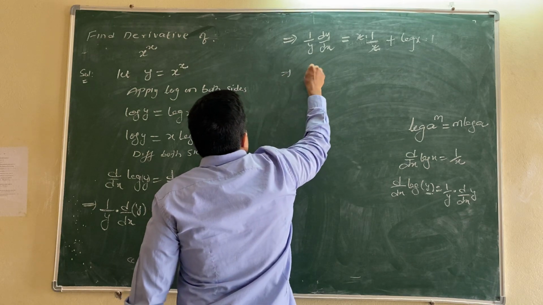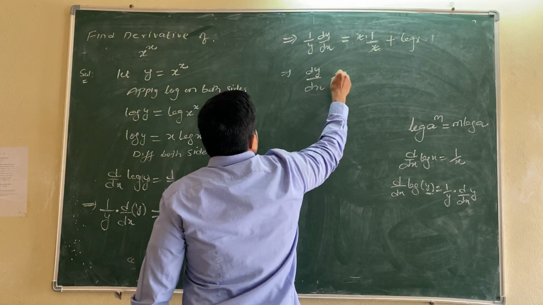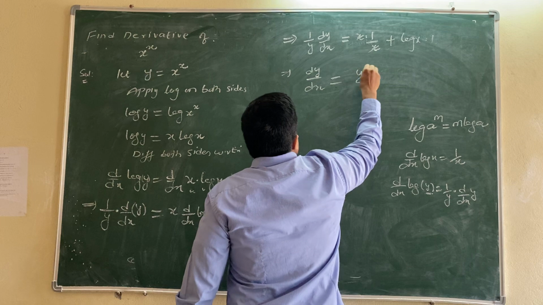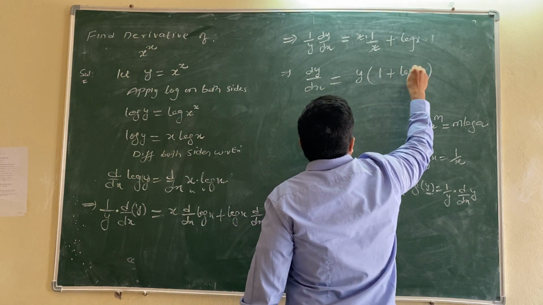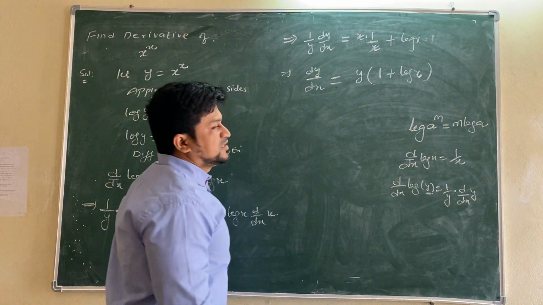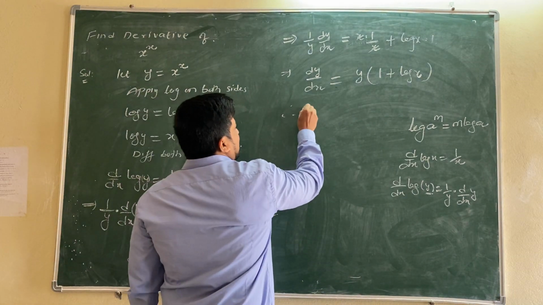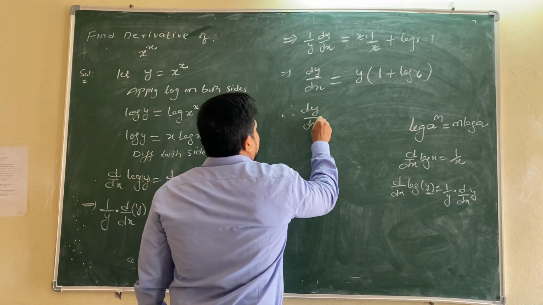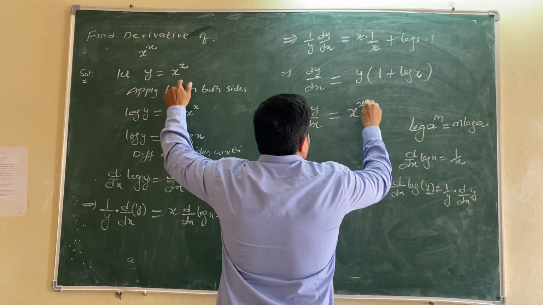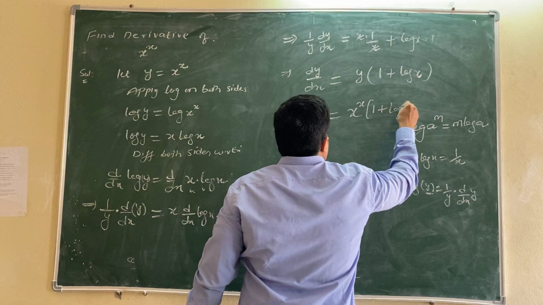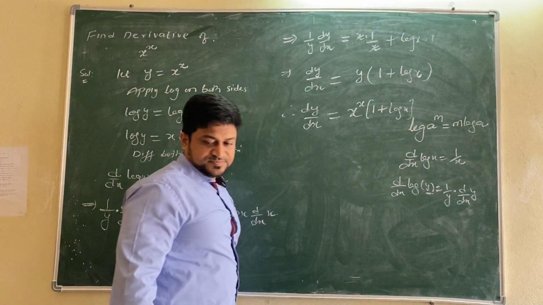Now what is dy by dx? The y is cross multiplied, and the rest of the thing comes under the bracket. Now at the end you should substitute the value of y. So dy by dx equals x power x into 1 plus log x. Got it?